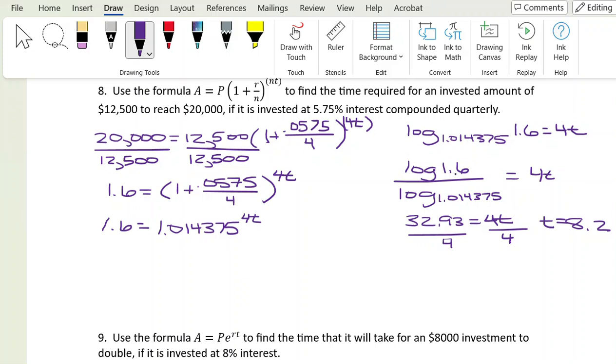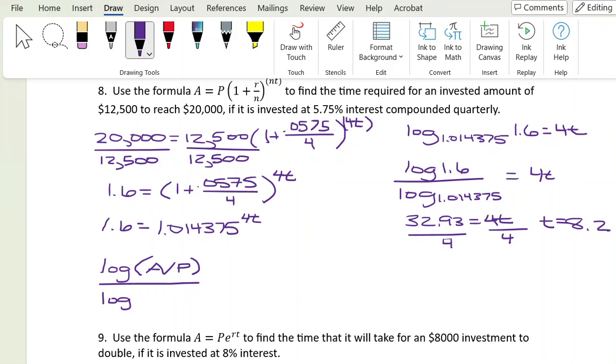So if I want to think about how I could set this up in a general formula, this 1.6 came from dividing A by P. So I have log of A divided by P for my top log.